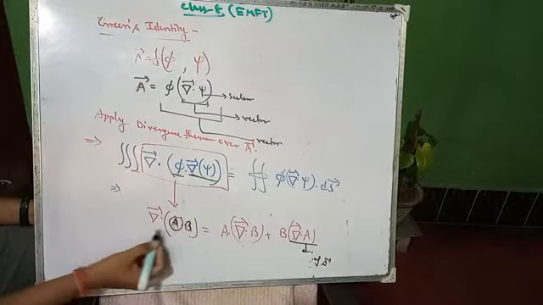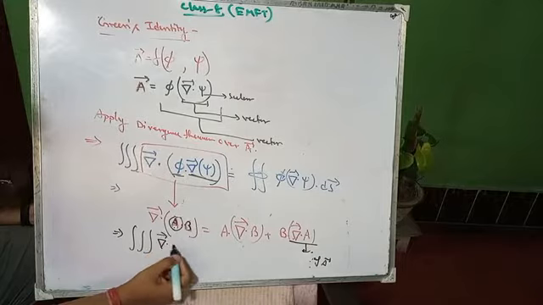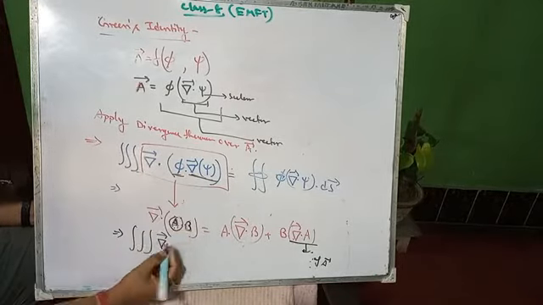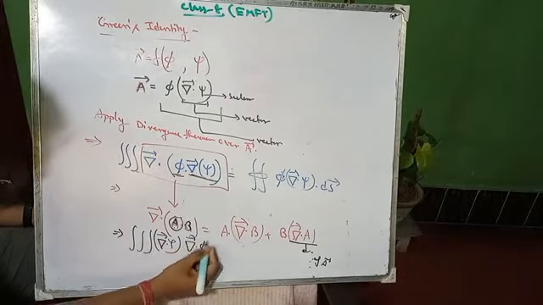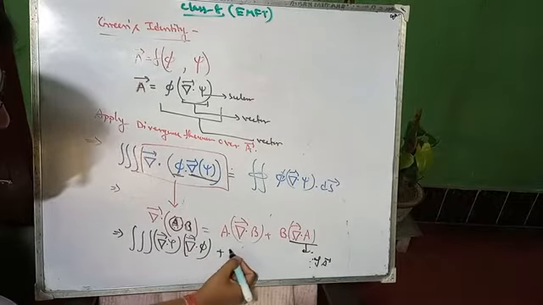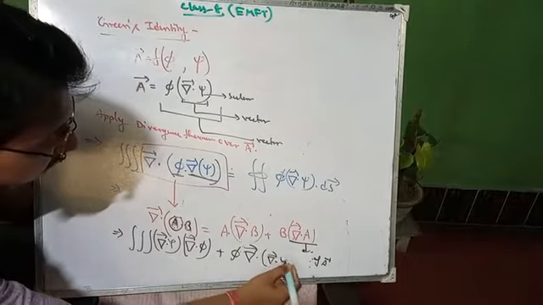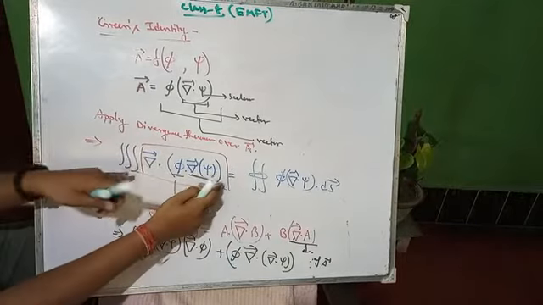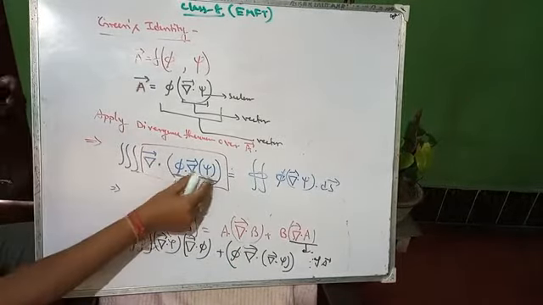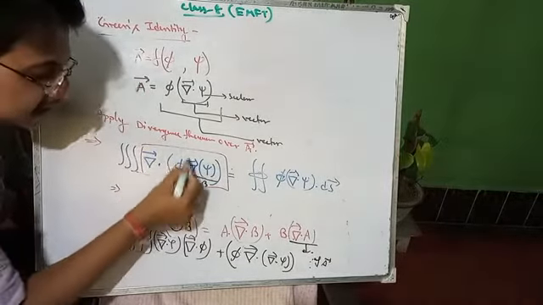So if we apply this concept over here, then what happens? The triple integration of grad of psi dot grad of phi, plus phi times the divergence of grad of psi. If we break it into two parts, this is your A and this is your B. A is a scalar and B itself is a vector.